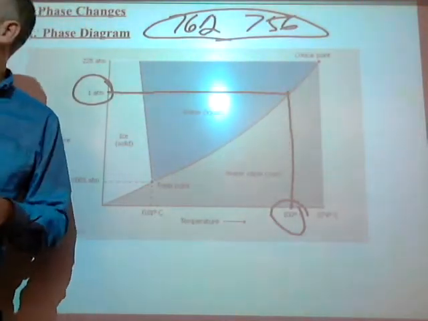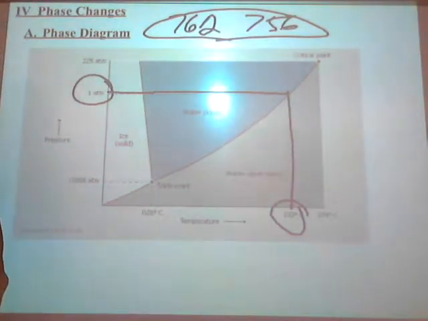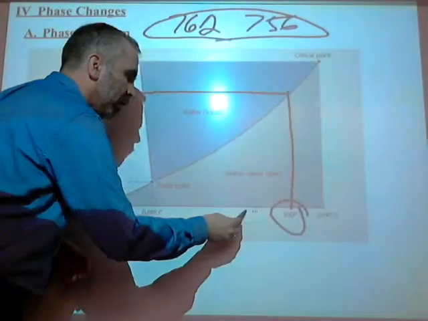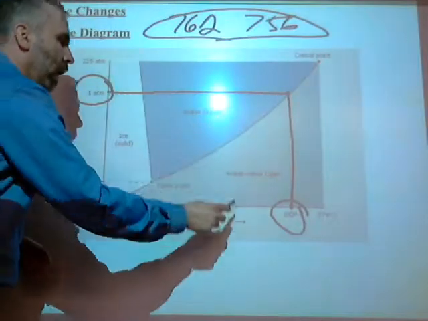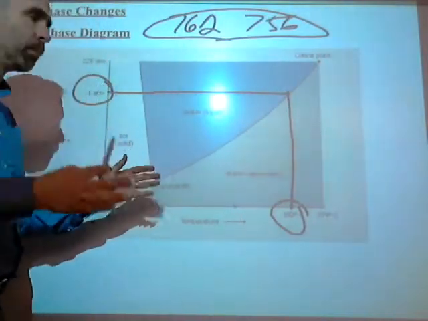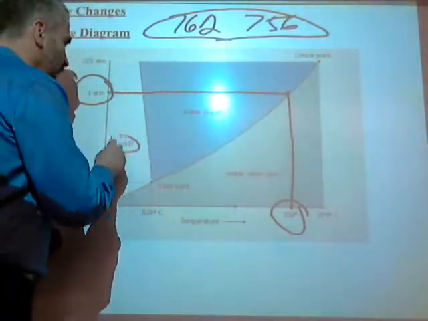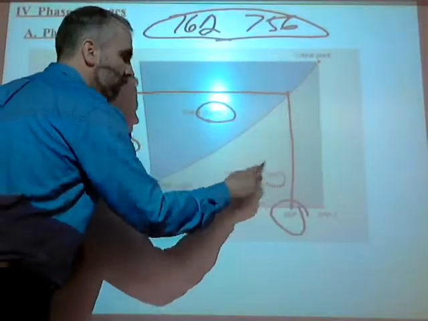But in that vacuum flask, I lowered the pressure. Now let's see where water boils there. By the way, you can tell the boiling point because this is solid, this is liquid, and this is vapor.